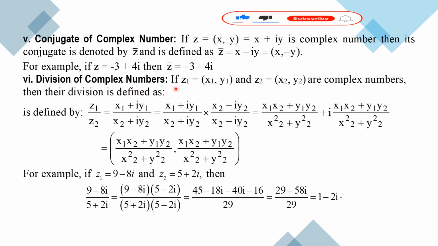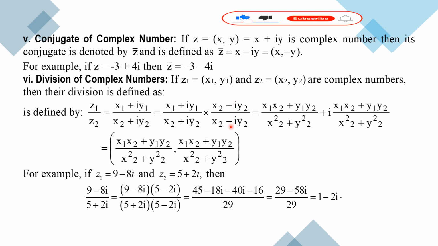Division of two complex numbers. If z1 is (x1, y1) and z2 is (x2, y2) are complex numbers, then their division is defined as (x1 plus iota y1) over (x2 plus iota y2). How can we solve by rationalization? Just take the denominator, change the sign of the imaginary part of the denominator, and multiply and divide. So x2 minus iota y2 over x2 minus iota y2.